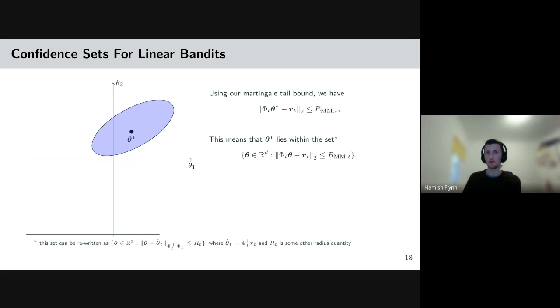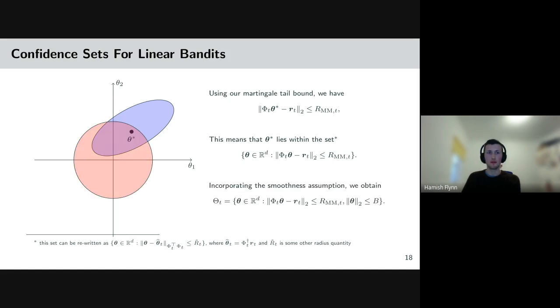For example, this can happen when t is smaller than the dimension d. So to fix this, we incorporate our assumption that theta star has bounded L2 norm. And then the confidence set we get, which is convex and bounded, is the intersection shown in purple.